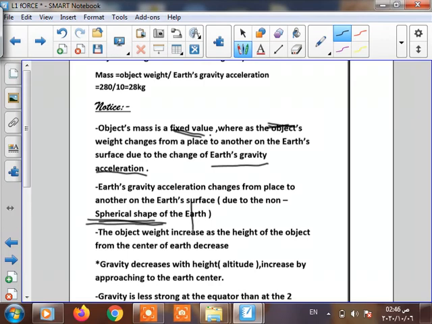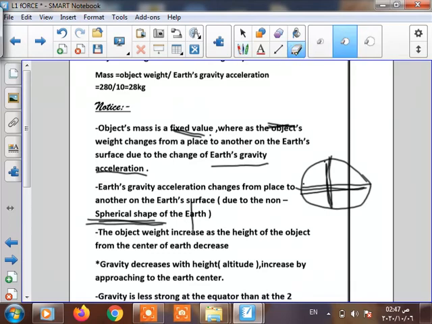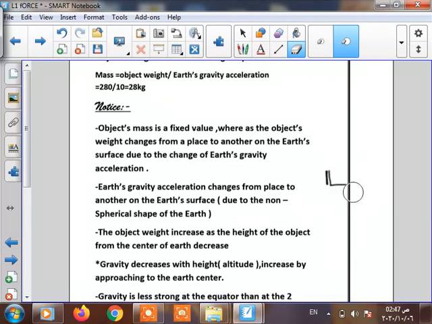As the Earth is non-spherical, the length or height at the two poles is different from the equator, and I have a very strong relation between the object weight and the height. The object weight decreases when the height increases, and vice versa.